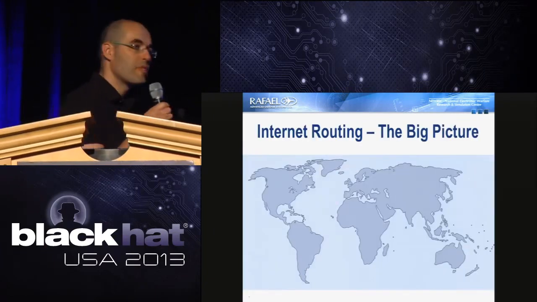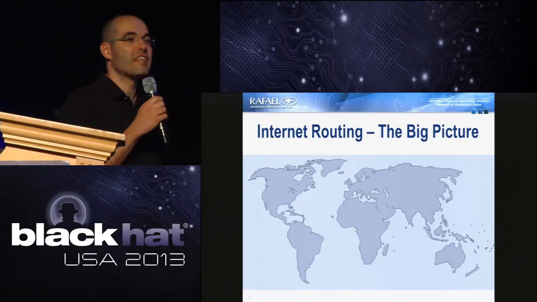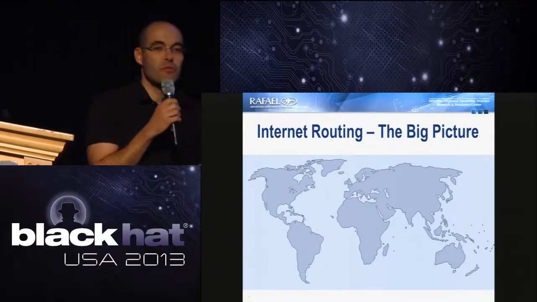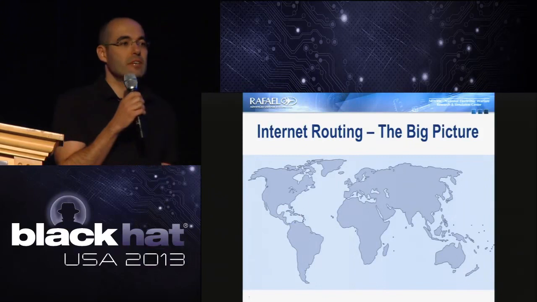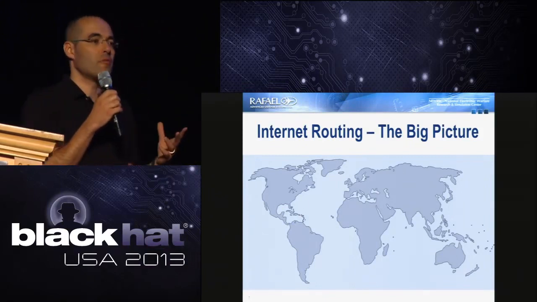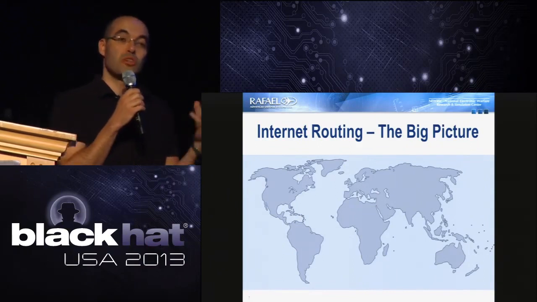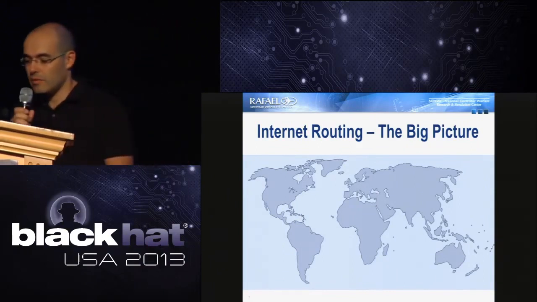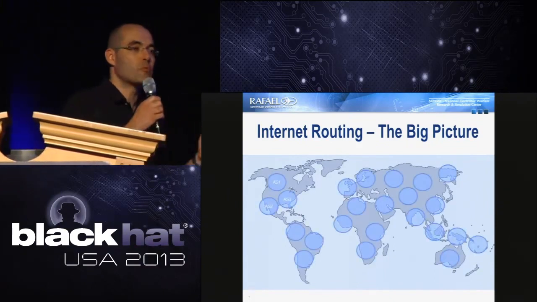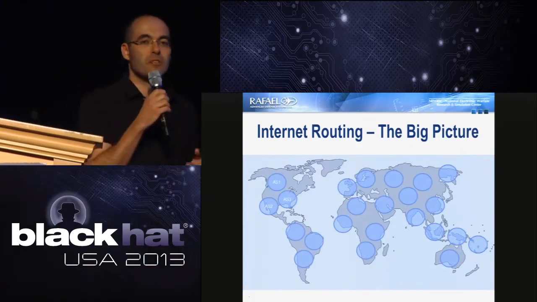Okay, so let's start with the big picture: internet routing and how it works. As many of you probably already know, the networks and routers of the internet are clustered into groups called autonomous systems. Each autonomous system is administered by a single network operator or maybe a few network operators.